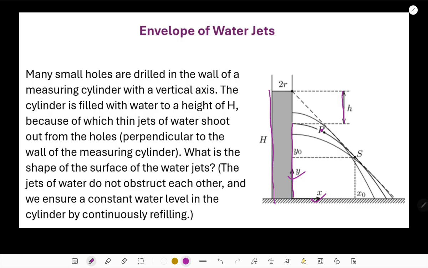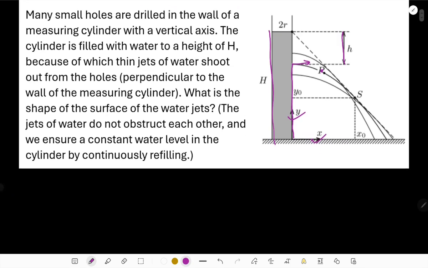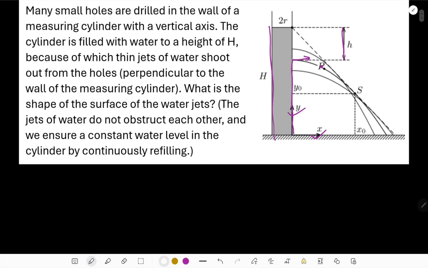We will simply examine the motion of the water jet up to point P and try to find an equation. To do so, we know Torricelli's theorem for the efflux. As per Torricelli's theorem, the velocity of efflux v is going to be under root 2gh.